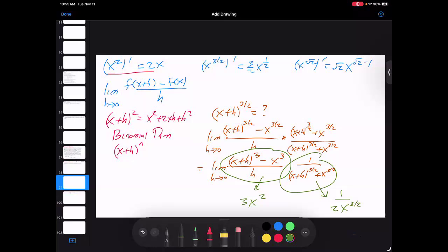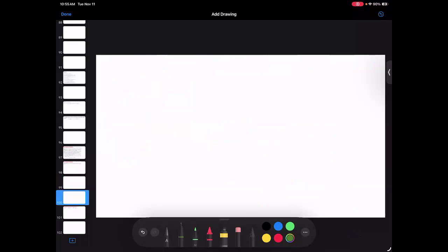The other way to do this problem, for x to the 3/2 prime, could also do: if f of x is x to the 3/2, let g of x be f of x squared, which is x cubed.